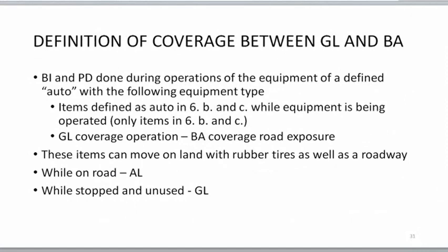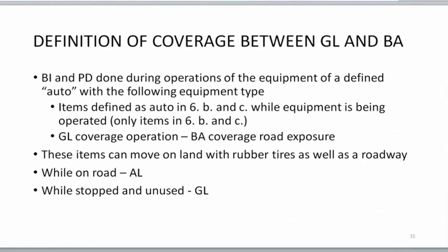So, the definition of coverage between GL and business auto. The point here is your insureds don't know the difference. Your insurer doesn't care. They just want to make sure they're covered. To be covered, you need to make sure that these insureds have GL, and preferably with the same insurance company.